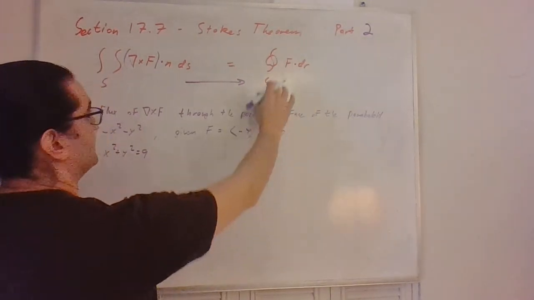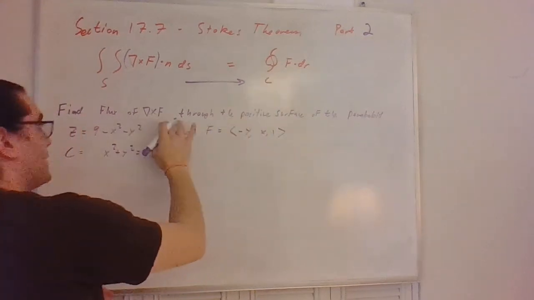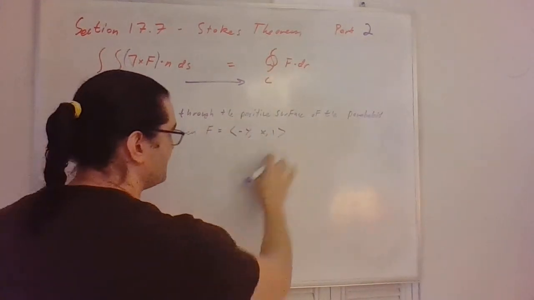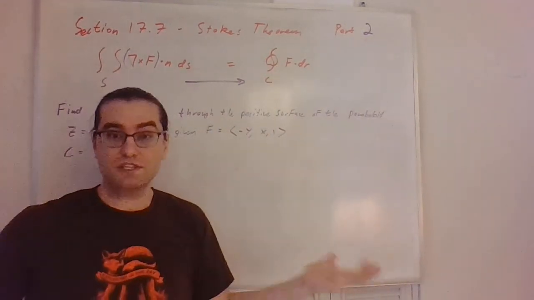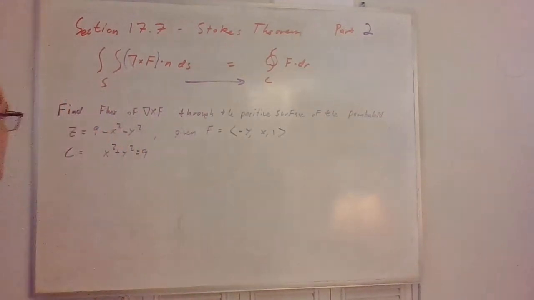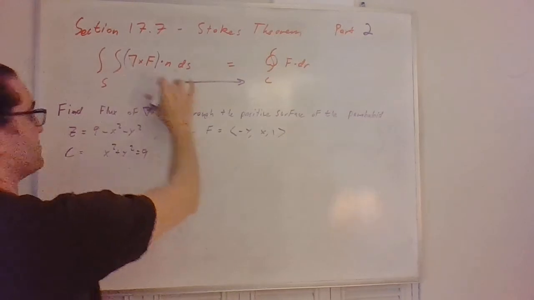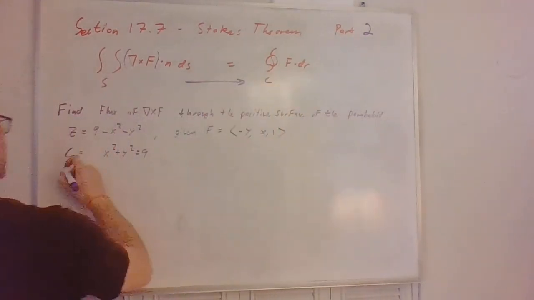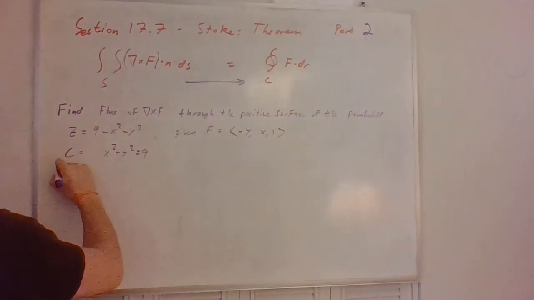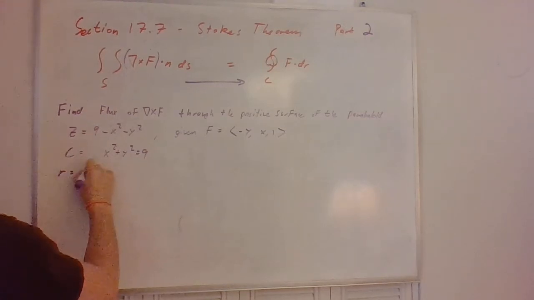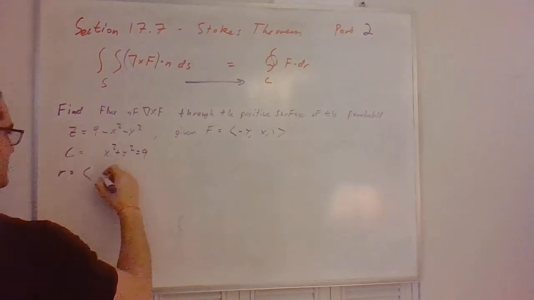And to do this, I don't have to take the curl of f. I just get to use f as written, which is really nice. So we can just start the line integral process. Instead of doing this big nasty flux, we're just going to do the line integral. And the line integral is going to look like we need r. The path should be a circle of radius 3.